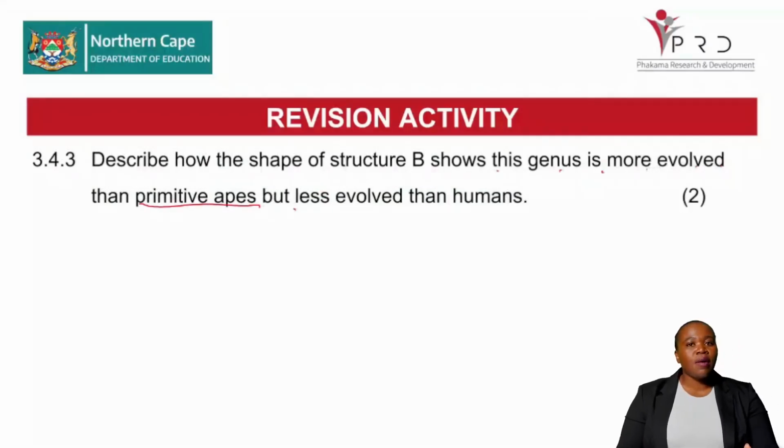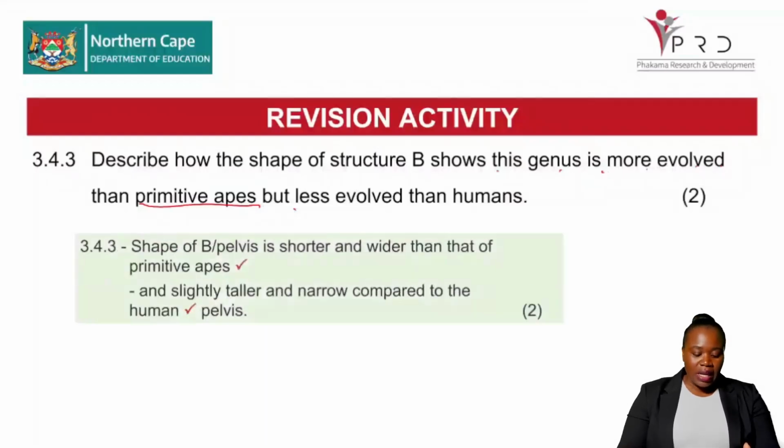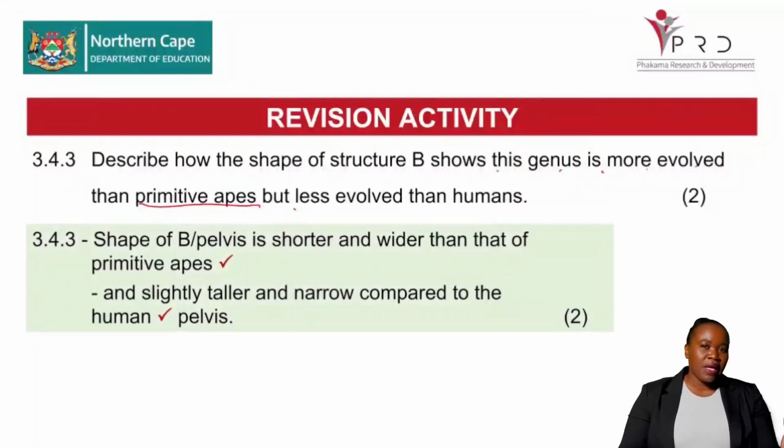So here you're going to talk about how humans have a short and wide pelvic girdle, whereas the primitive apes had a long and narrow pelvic girdle. But if you're looking at that pelvic girdle, it is somehow a transitional fossil, in between the two, right?